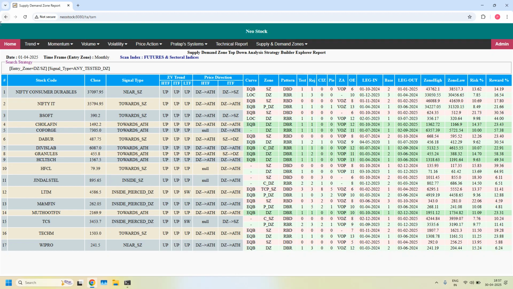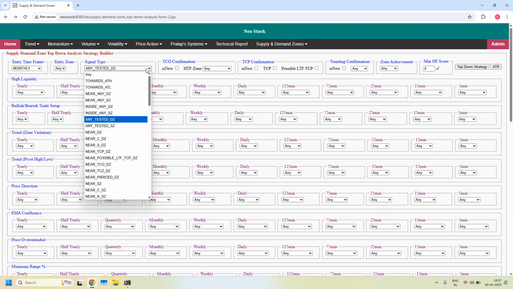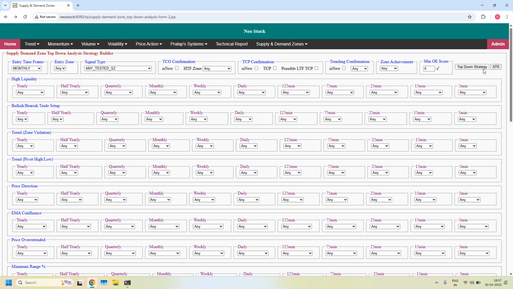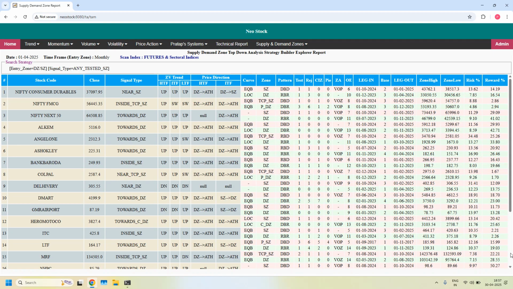Okay, similarly, next, let us identify the stocks having the tested monthly supply zones. So first 15 stocks having monthly supply zones tested during this week. Scrolling the list down.